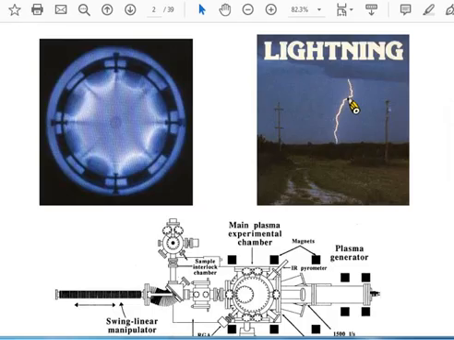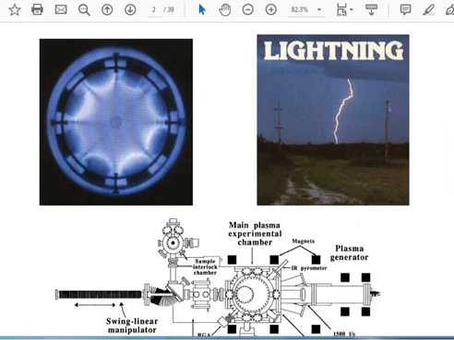Lightning can exist in clouds or between the cloud and the surface ground. Once the lightning occurs, electrical current can flow between the cloud and the ground. So we know that in plasma there are electrons and ions which can conduct electricity.